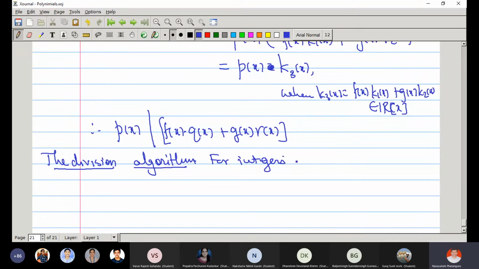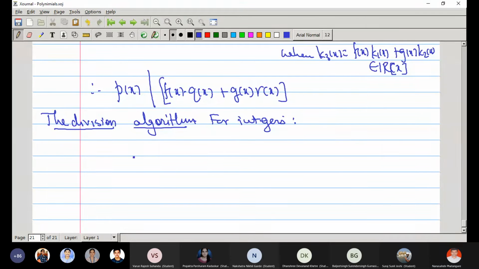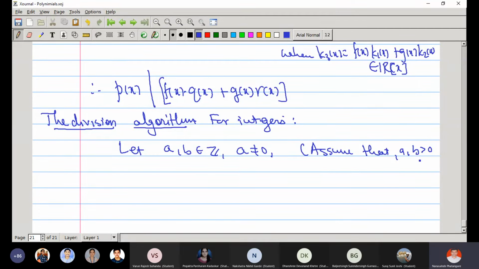Let a and b be integers, a not equal to 0. Basically assume that a and b are positive or non-negative. So a is not 0 and positive. The same thing is applicable for negative.